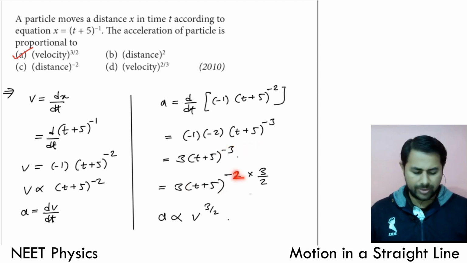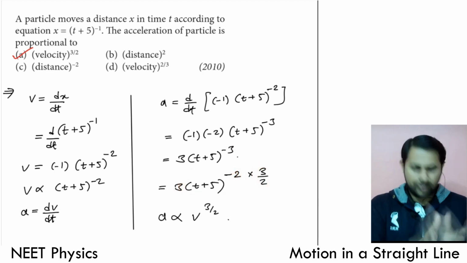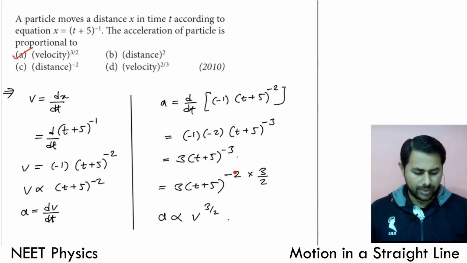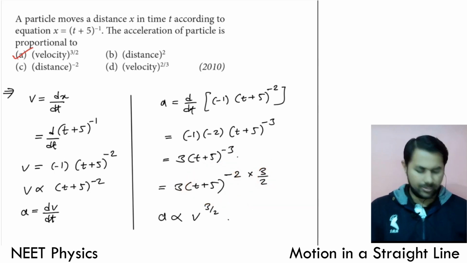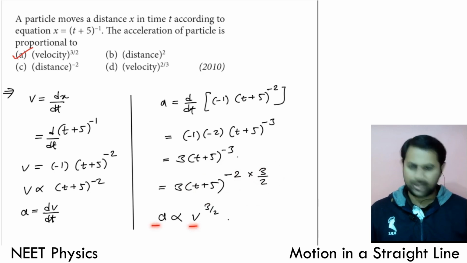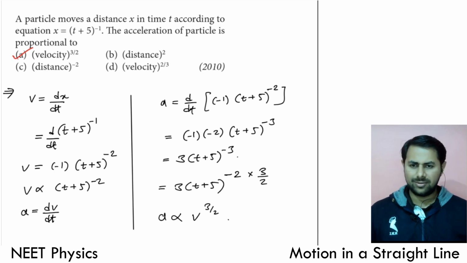So this thing is proportional to velocity, and you have power 3 by 2 of that. Therefore acceleration is proportional to v to the power of 3 by 2, right? Yes, sir. Okay, that is simple.